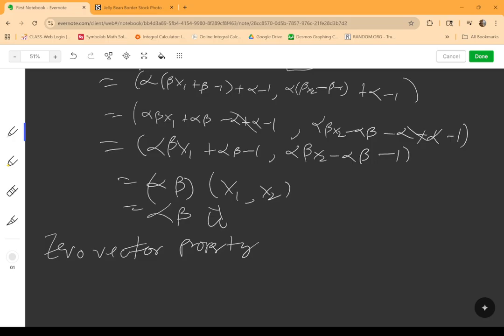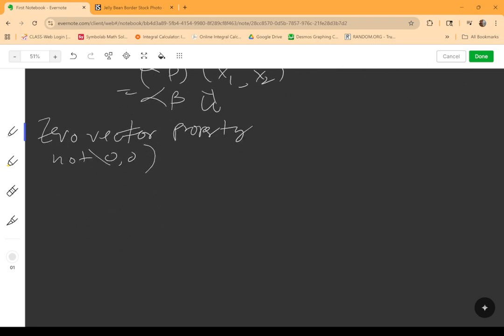All right, now it's not (0, 0), right? Because if we think of (x1, x2) plus (0, 0), right? What is that equal to?